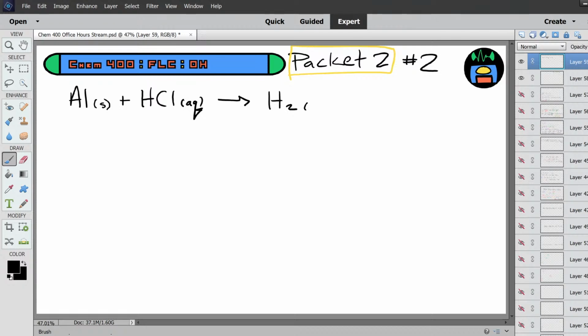Hydrogen gas and aluminum chloride. All right, so this balanced chemical equation will need six HCl's, 2 aluminums, 3 H2's, and 2 aluminum chloride. So that's the balanced chemical equation.